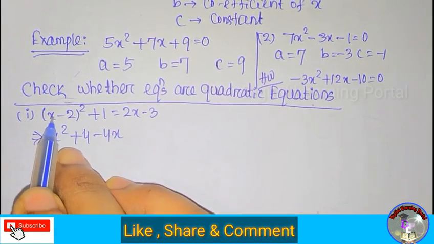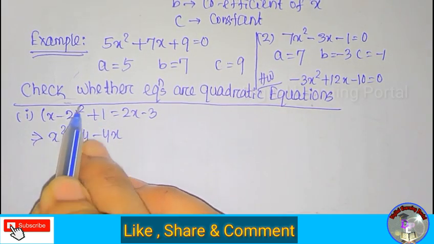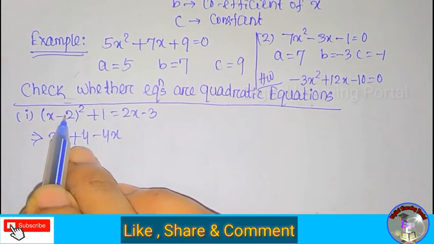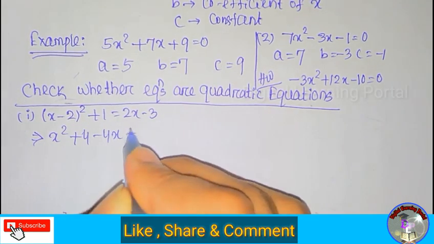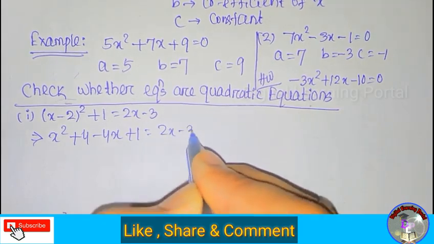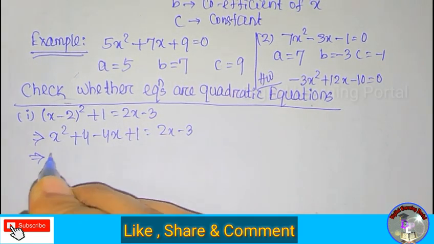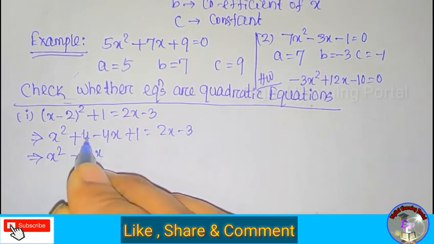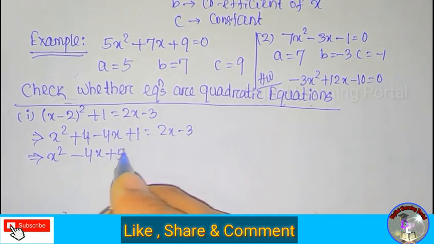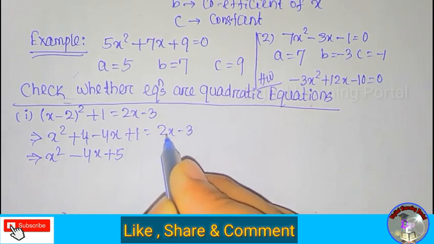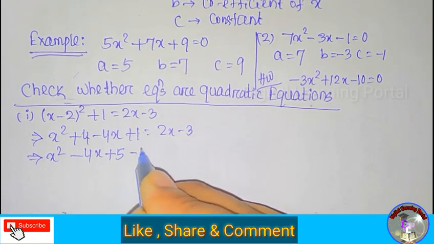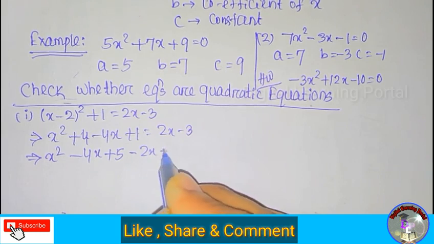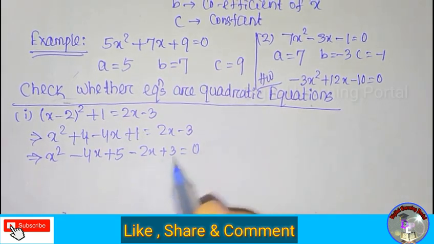Because this expression is in the form a minus b whole square, that will be a square plus b square minus 2ab. So this will be plus 1 is equal to 2x minus 3. And we can write x square minus 4x, plus 4 plus 1, that will be 5, and minus 2x, and minus 3 can be written plus 3, that is equal to 0.